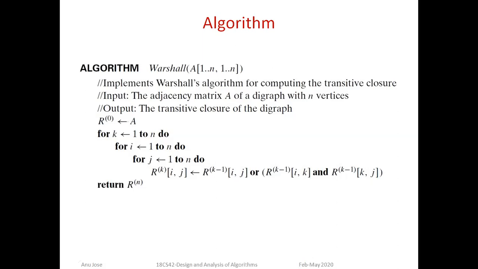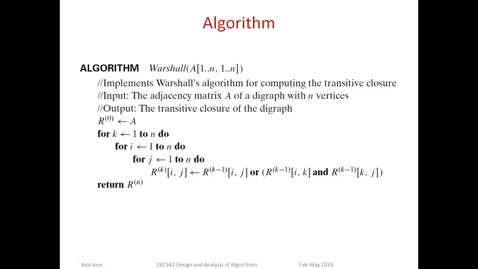Or if that was not the case, you will check in the previous step, that is R of k minus 1, whether there is a path existing between I to k and k to j. If that exists, you will do the AND operation and the result will be stored in Rk of ij. And finally, that process will run from 1 to n. That means R of n will be calculated at the end, and that is the final state you have, and that is returned from the algorithm.